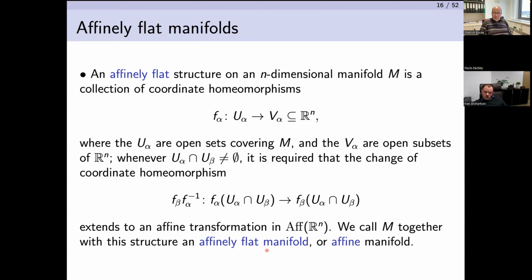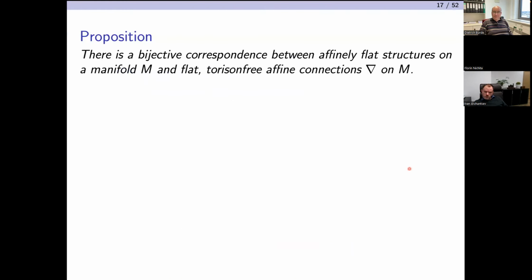Where the flat has a reason, so I should explain this. Flat means really that there's an affine connection on the manifold which is torsion-free and flat. And these two things are algebraic properties somehow, which you can then easily associate to pre-Lie.